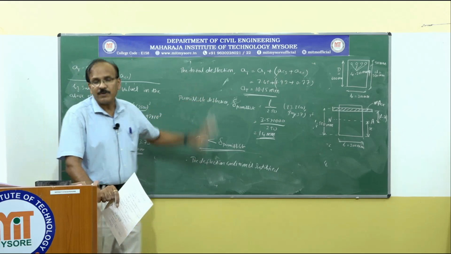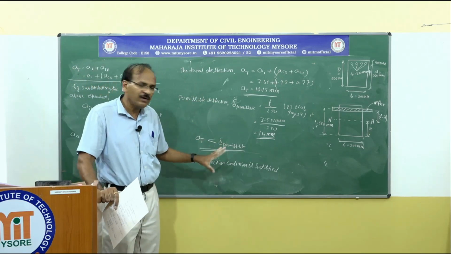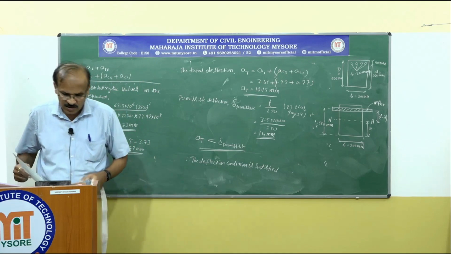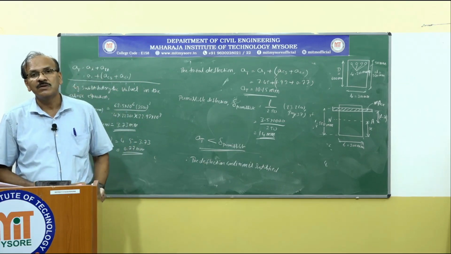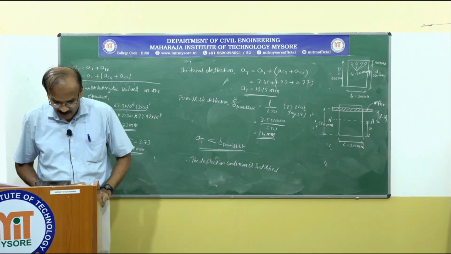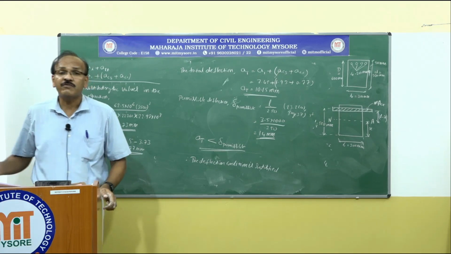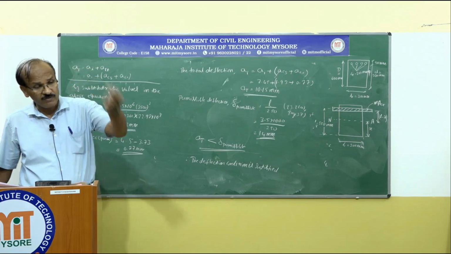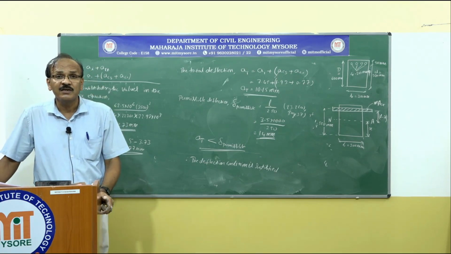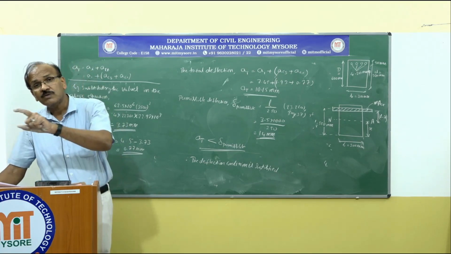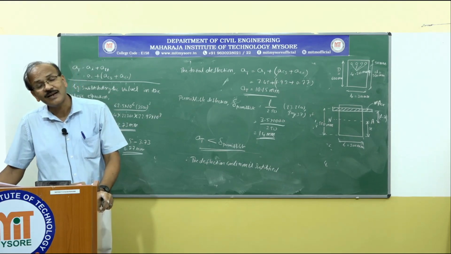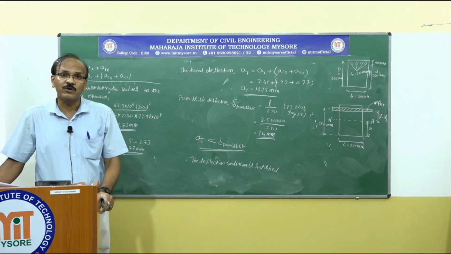This completes this problem. So you will have to be careful, because when you are finding out the modular ratio, you need to decide which Young's modulus of concrete to make use of. If it is immediate, you can make use of EC value directly. If you are going for long term, instead of using EC, you should use ECE, that is the effective Young's modulus.